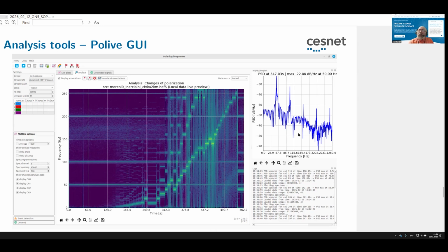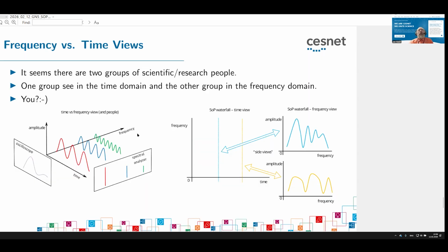I prepared a picture because it looks like there are two groups of scientific or research people. For one, it's more natural to see an oscilloscope in the time domain. And of course, when you use a spectral analyzer, you can see what's going on, but it's just frozen in time.